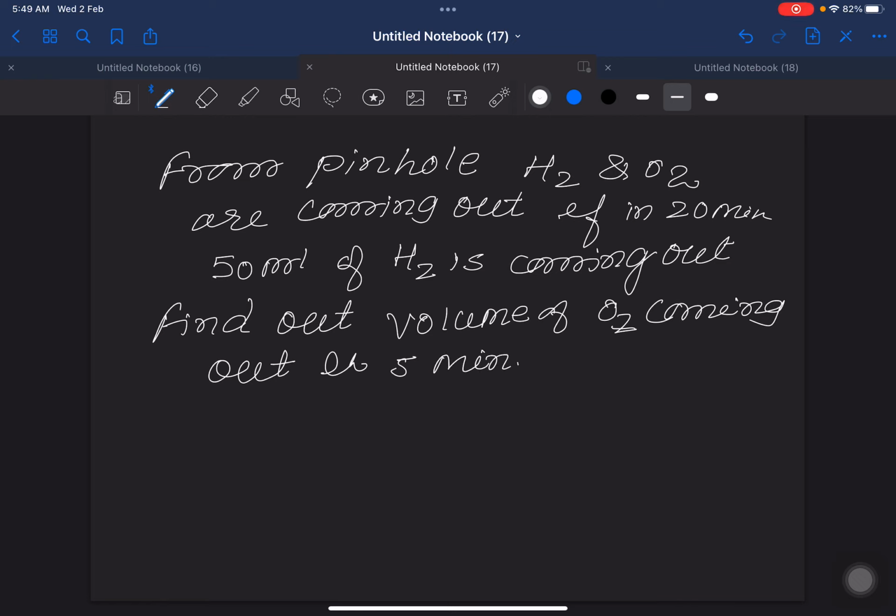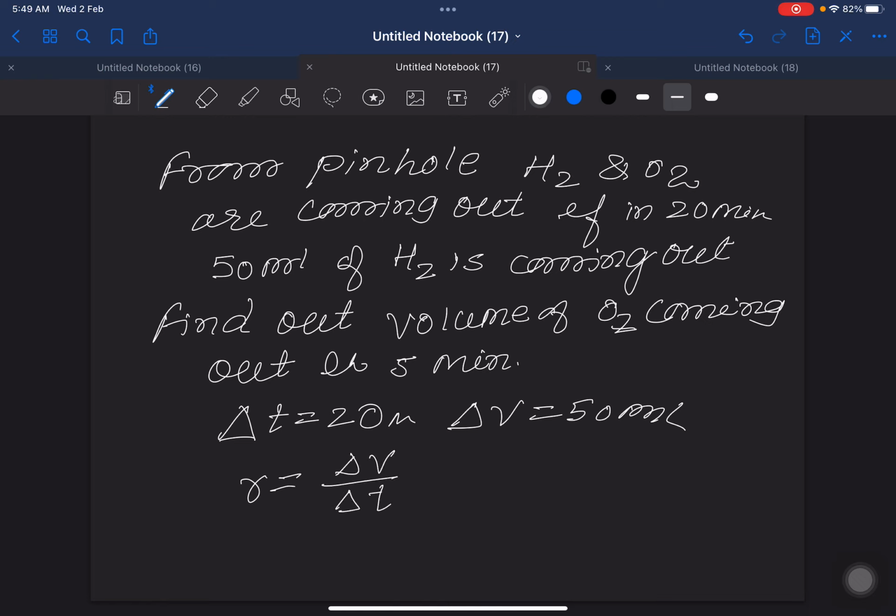देखो टाइम ड्यूरेशन है तुम्हारा डेल्टा टी इज इक्वल टू 20 एंड चेंज इन वॉल्यूम है 50 ml टू मिनट्स. तो रेट इज इक्वल टू होता है डेल्टा वी अपॉन डेल्टा टी, दैट इज इक्वल टू वॉल्यूम चेंज एंड टाइम इंटरवल. तो 50 अपॉन 20 दैट्स इक्वल टू 2.5.